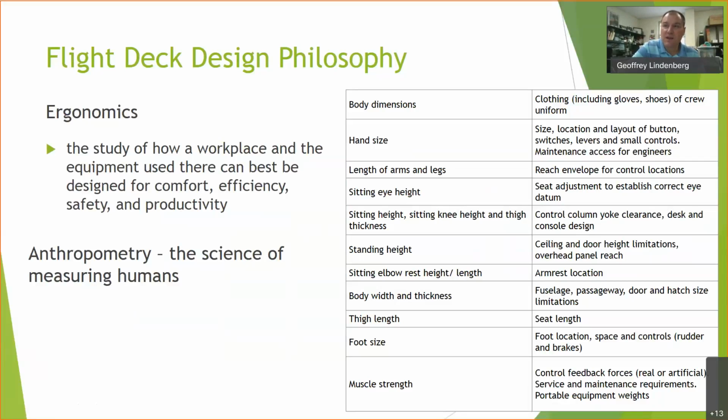And taking into account anthropometry, science of measuring humans, knowing that people aren't all equal in terms of body dimensions, sizes, length of arms and limbs, that stuff. And so we're looking at this kind of stuff as we look at maintenance, as we look at designing flight decks and aircraft.